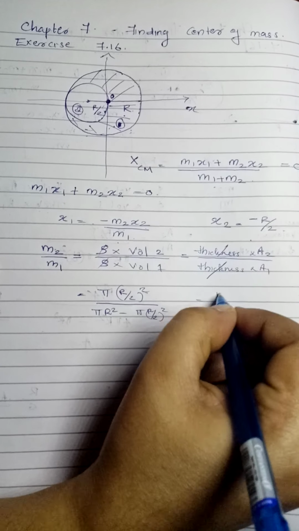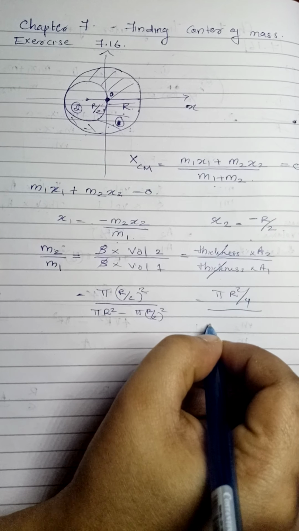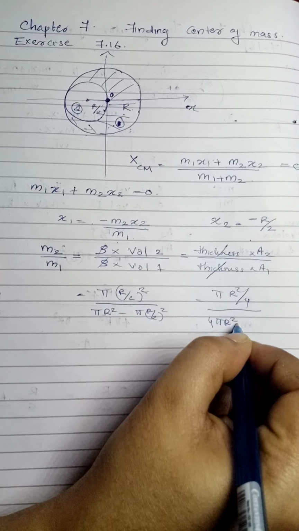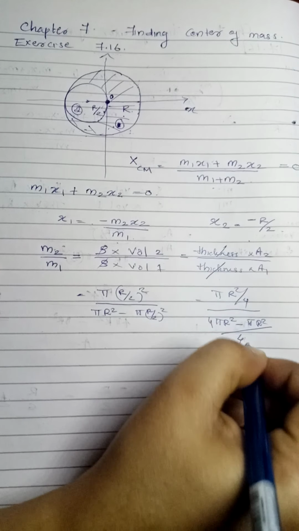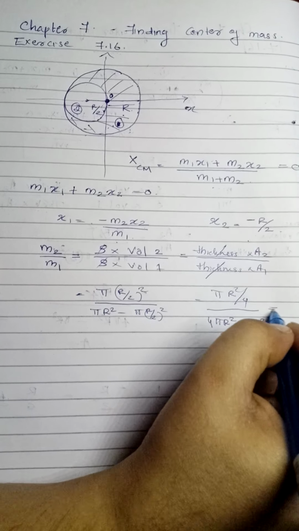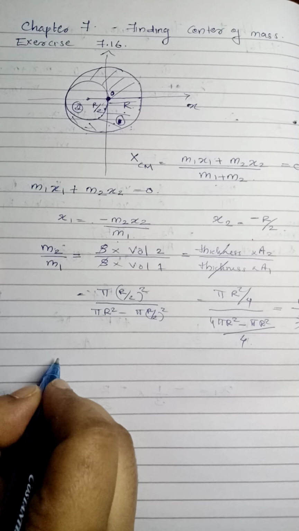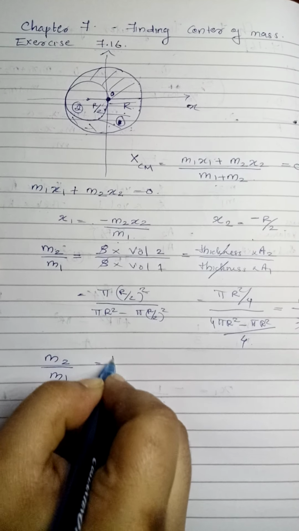When you simplify, you get pi r square by 4 divided by 3 pi r square by 4, which gives 1 by 3. So the ratio m2 by m1 is equal to 1 by 3.